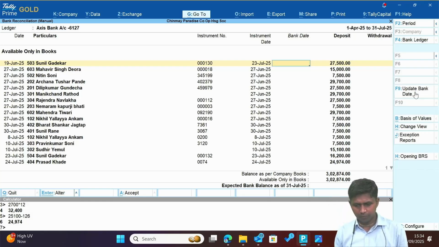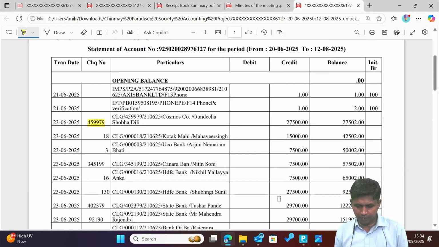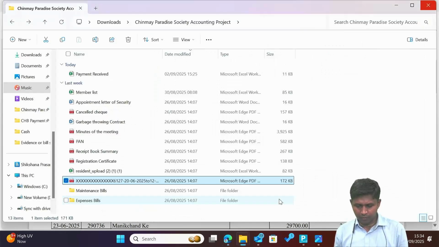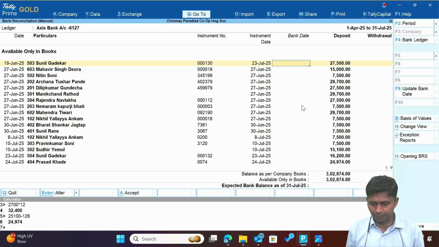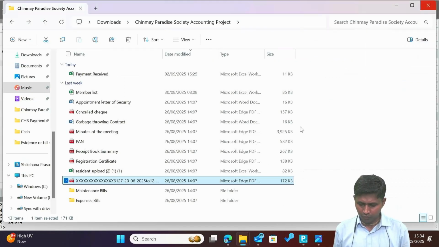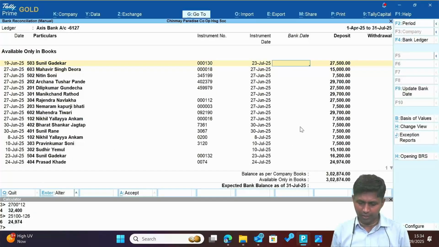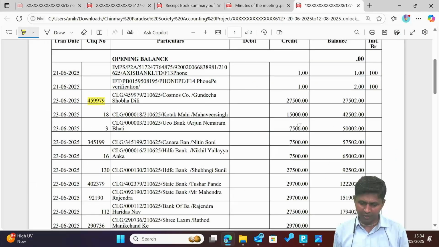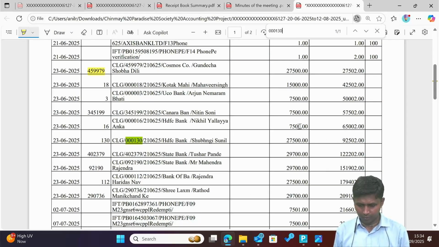Okay. First 103, 27,500. Now what we'll do, instead of searching in the tally, we'll search that in the PDF. That will become convenient for us. 130.